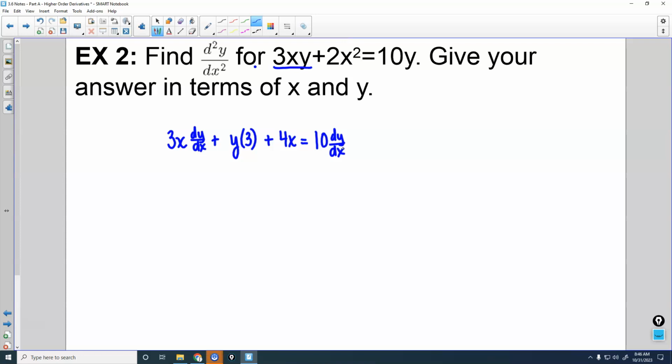All right, now, all dy/dx's go to one side. Other stuff goes to the other. So I've got 3x dy/dx minus 10 dy/dx equals negative 4x minus 3y, or negative 3y minus 4x, whichever way you want to write that.